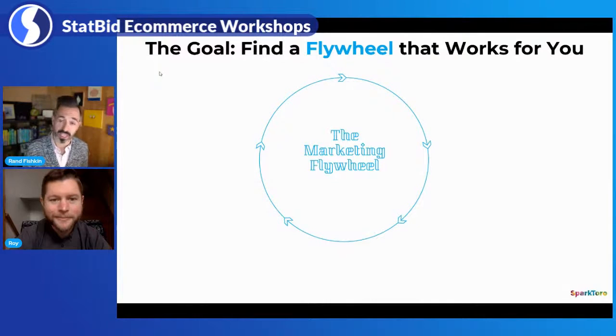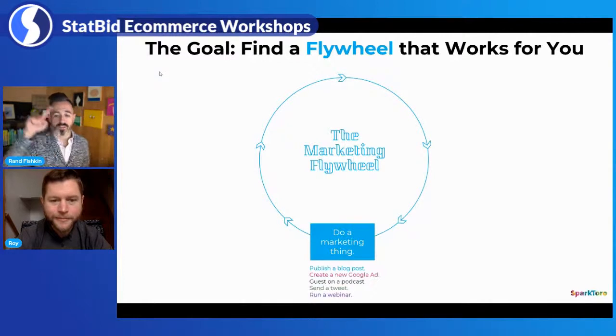I don't want to suggest that influence marketing is the only way to go. I just think your goal as an e-commerce marketer is essentially to find a flywheel that scales with decreasing friction, meaning you do a marketing thing, whatever that marketing thing is. It could be create a new Google ad or be a guest on a podcast or run a webinar.